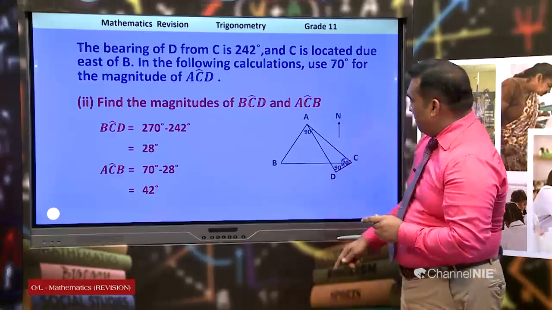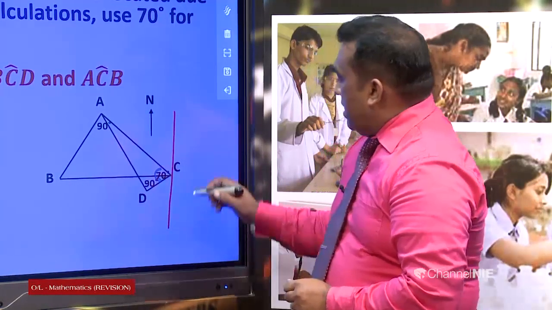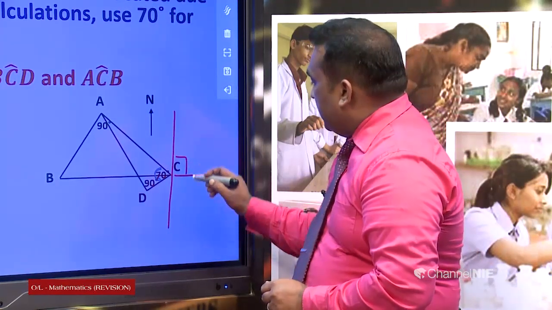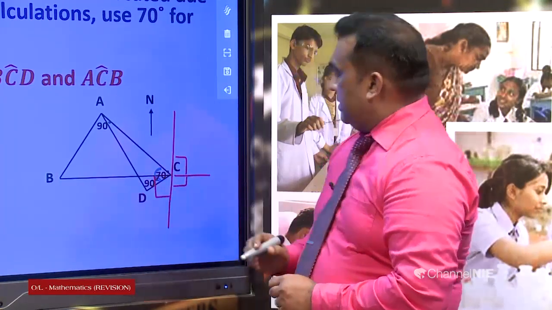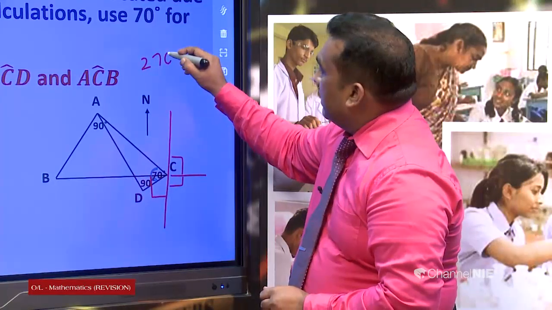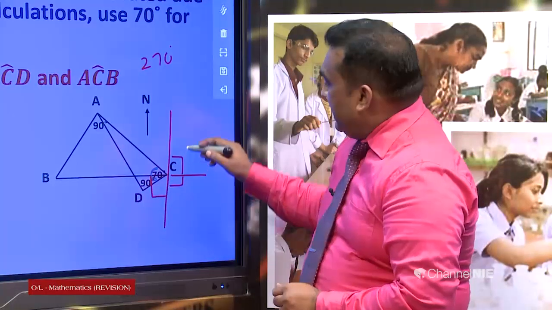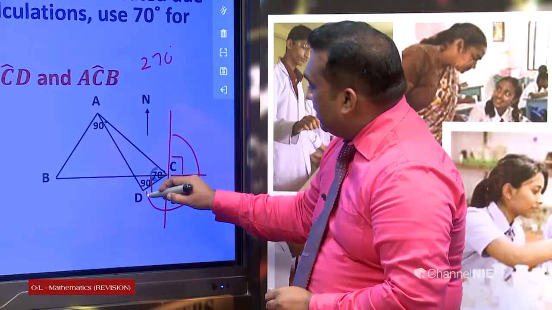I will explain again. Here you can see two right angles, 90 degrees, 90 degrees and another 90 degrees. Now that is 270. Up to DC means this whole angle.